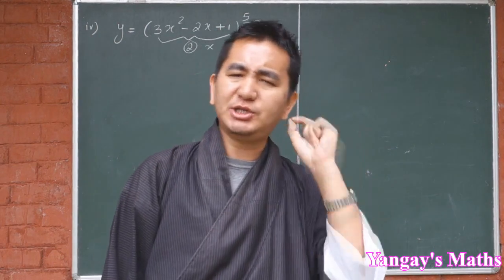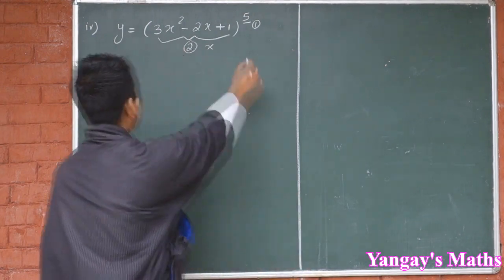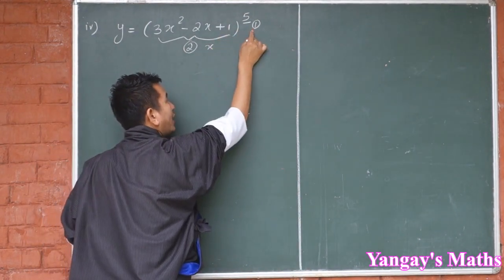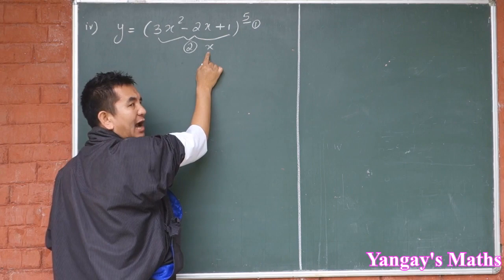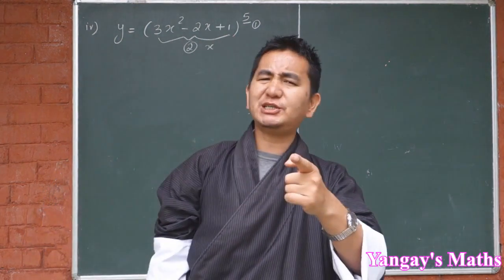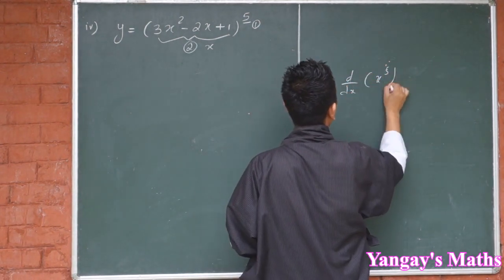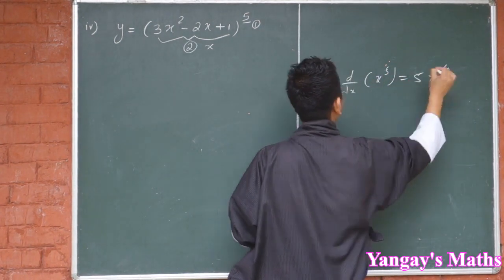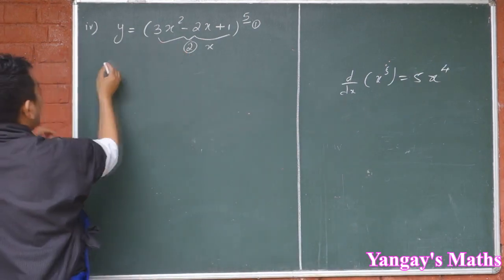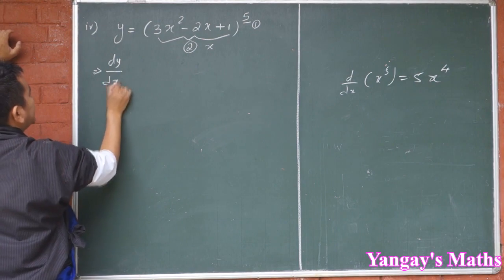If you get this logic, then it will be much easier for solving differentiation problems. When you go with the outside function and the inside function as x, this will become x raised to power 5. What's the differentiation of x raised to power 5? It is 5x raised to 4. Yes or no?